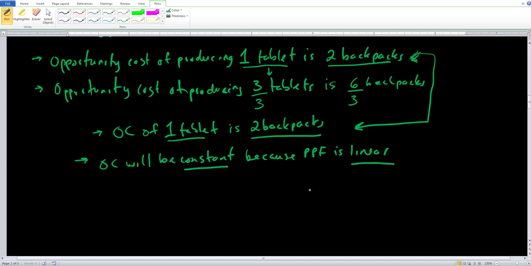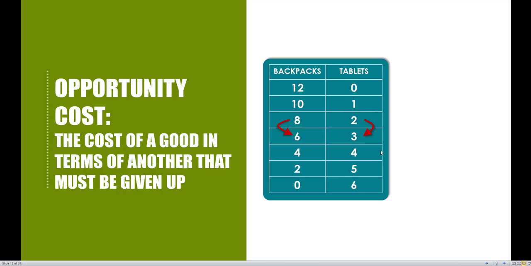So it doesn't really matter where we take our ratio from. It can be from the first row to the second row, from the third row to the fourth row, to the sixth row, the first row all the way to the seventh row. It doesn't matter because we'll always get the same exact ratio because our PPF is linear.